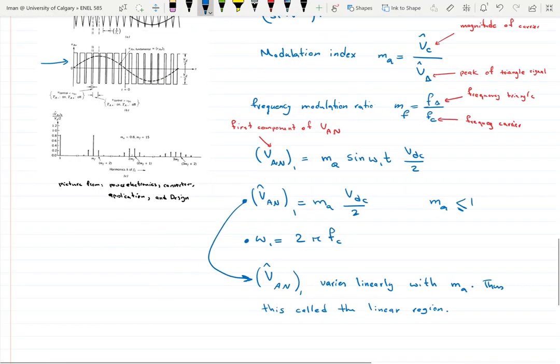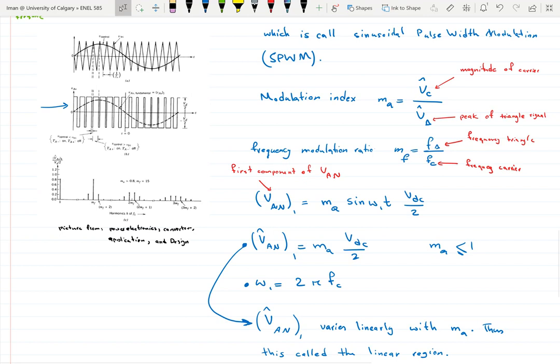Okay, now if we look at the output voltage again, we saw that it's either positive VDC over 2 or negative VDC over 2, as you can see here, right?